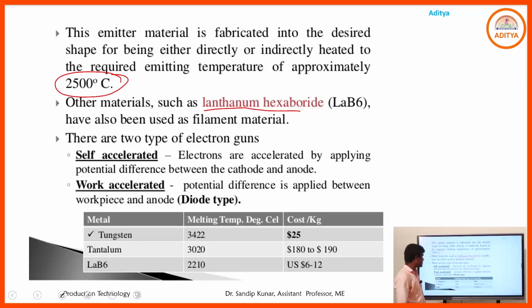Generally there are two types of electron guns. One is self accelerated, where we apply a potential difference between the cathode and anode, and the electrons are accelerated. When we connect the power supply between cathode and anode, the electrons are accelerated. That is the self accelerated type. The other is work accelerated, where the potential difference is applied between the workpiece and the anode, the diode type.